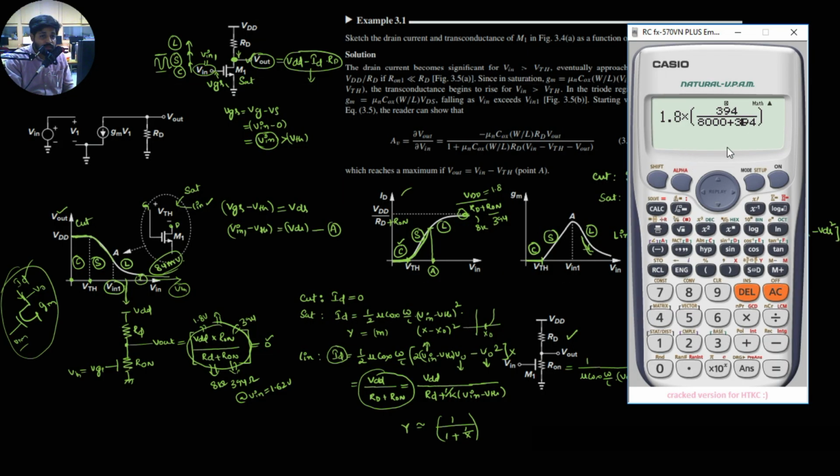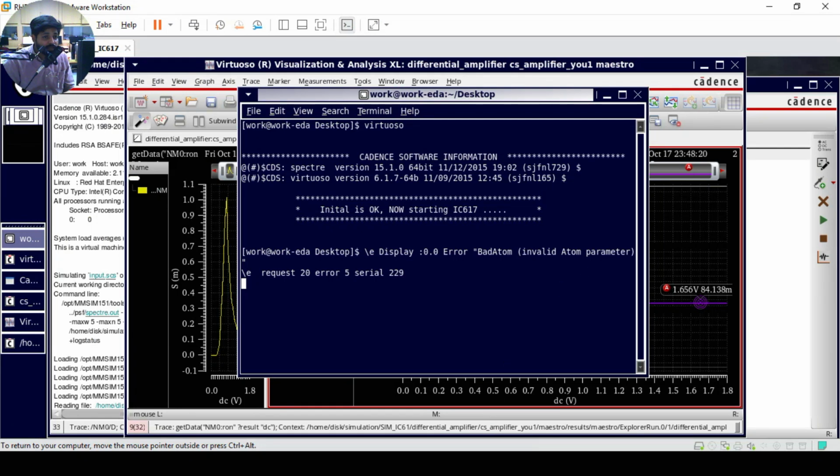Let me find it over here: 1.8 by (8 kilo ohms plus 394). If I calculate this, I will get 0.2 milliamperes. So let me find the same thing on the simulation.